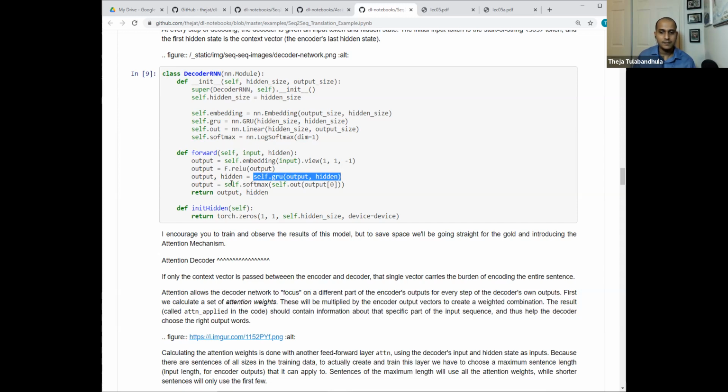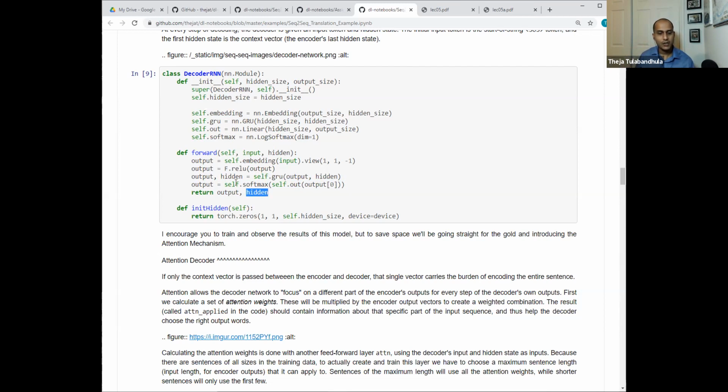Then they're applying a softmax operation, which is defined here, and the function is being applied in the forward step, and then returning the output and the hidden vectors. Okay, so that's about it. So that's decoder and encoder.